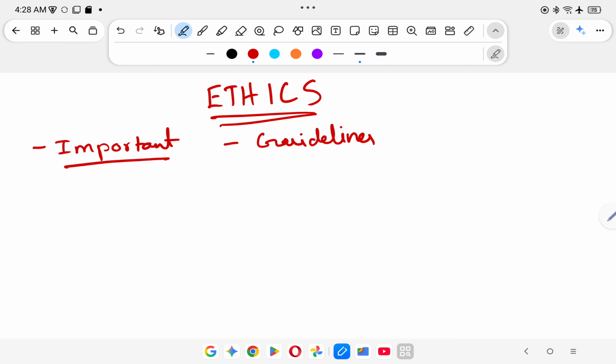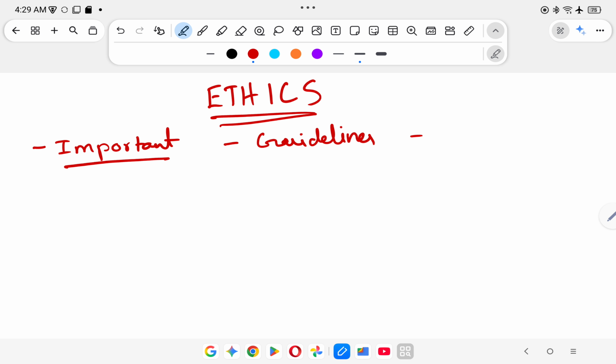Crossing ethical lines has happened many times. That is why we try to cover this area when we are teaching research, because sometimes we do certain things without knowing, and sometimes we do certain things by knowing.